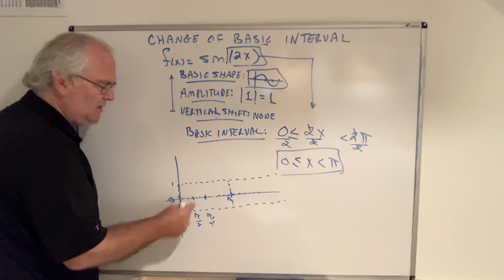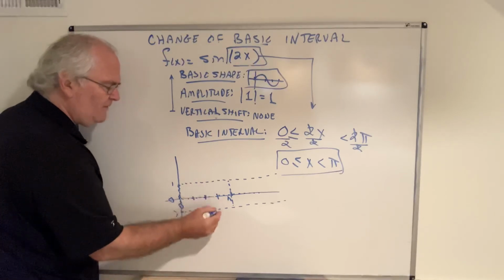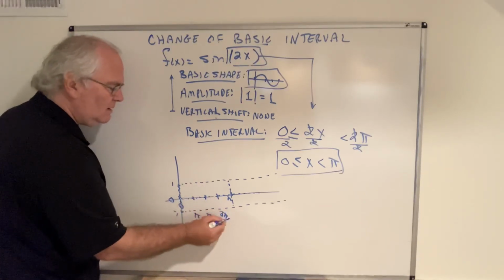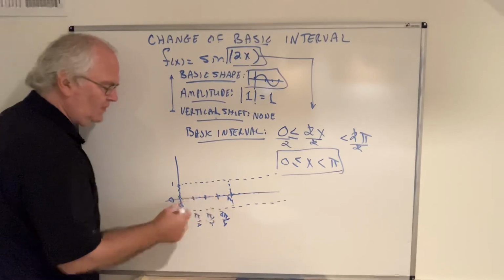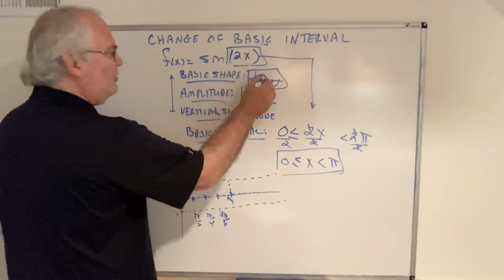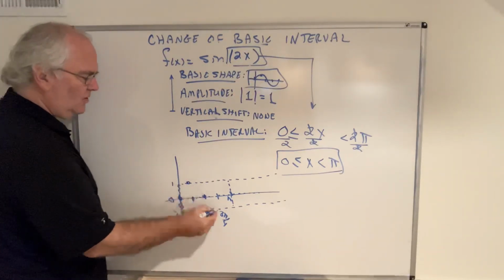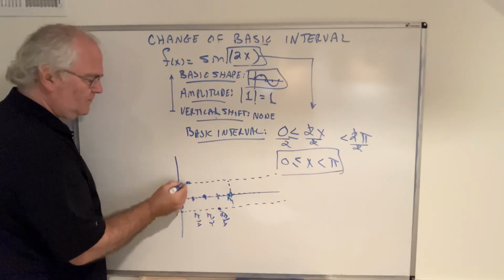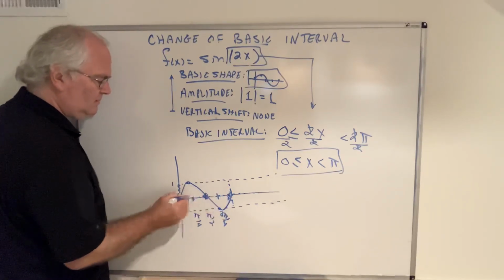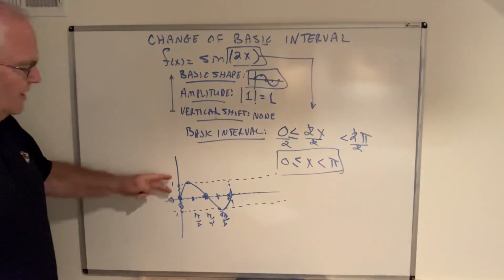And the way you count this is 1/4, 2/4, 3/4. And now we have our 4 subdivisions. We put in our 5 points and we're good to go. Node, peak, node, trough, node. And so this basic shape fits in.